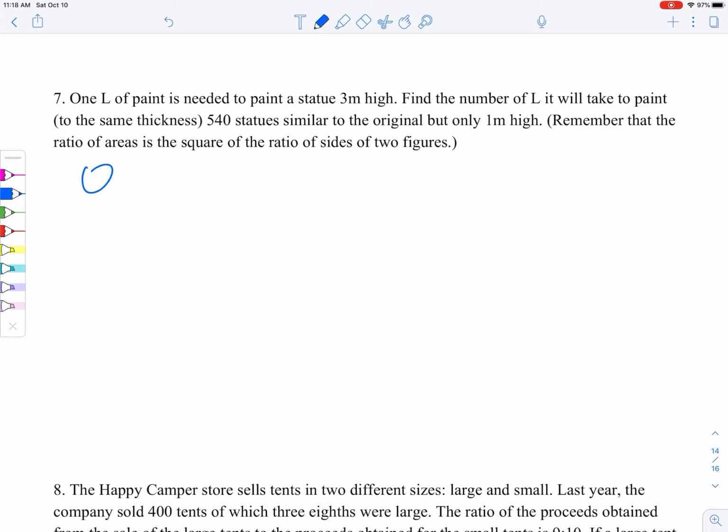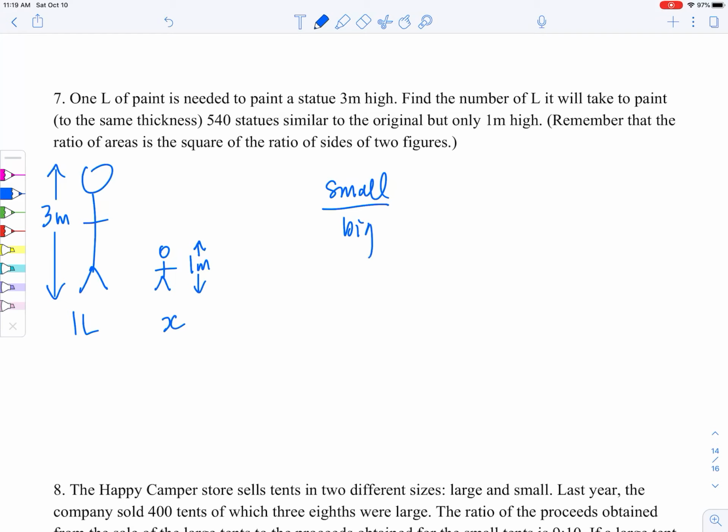So we've got our big statue, which is 3 meters tall, but then we have a whole bunch of little statues that are only 1 meter tall, right? So we know it's 1 liter of paint for the big, x liters, that's what we're going to try and find for the small.